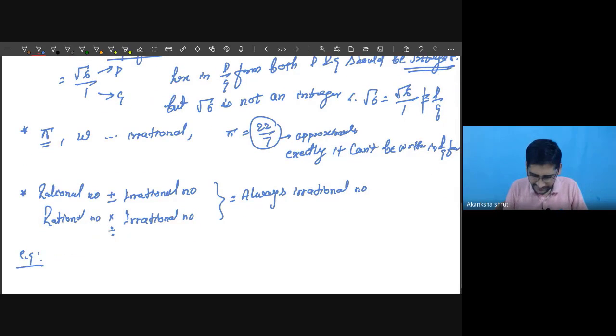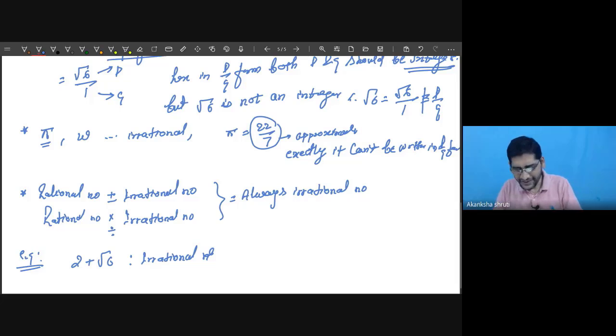For example, students, if we have 2 plus root 6, which kind of number is this entire number? It is an irrational number. Good. So this way the entire number is irrational. That you have to keep in mind.